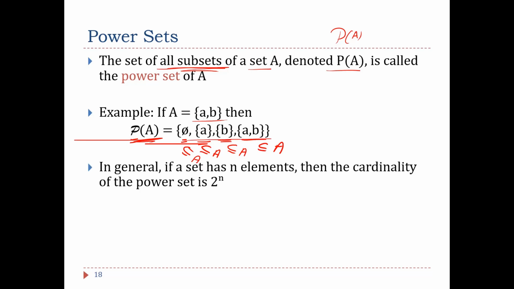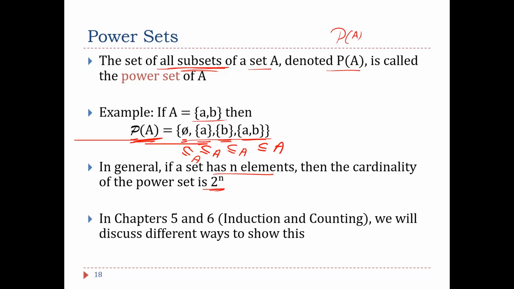So this is why the power set of A is this set here. Good. In general, if a set has n elements, then the cardinality of the power set is 2 to the power n. We will have a proof for this in chapters 5 and 6 when we talk about induction and counting.